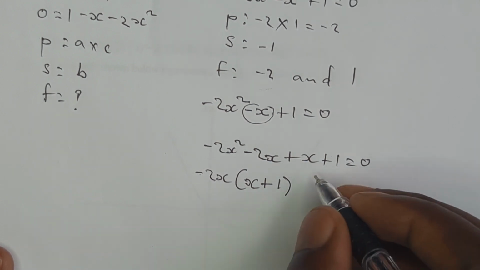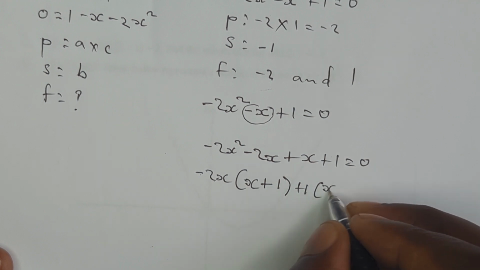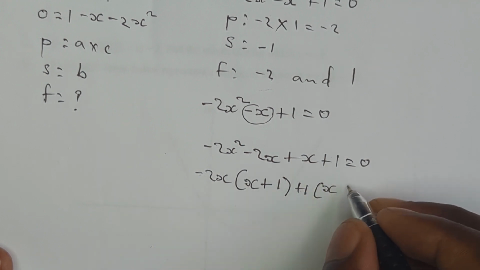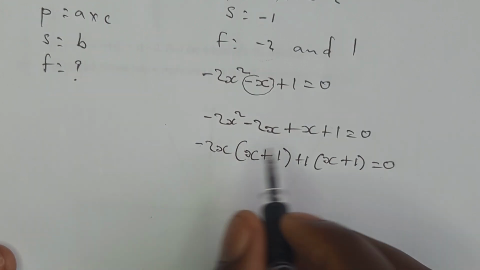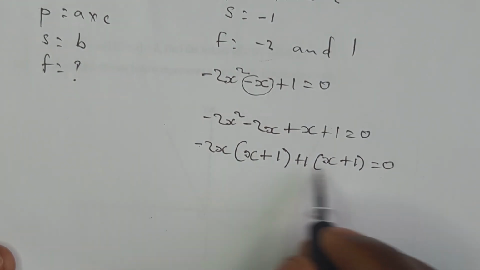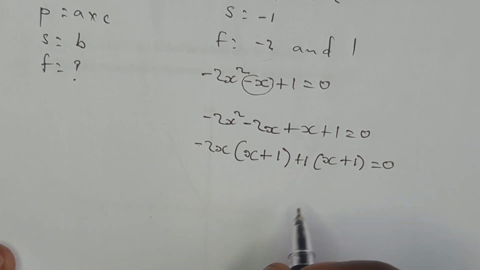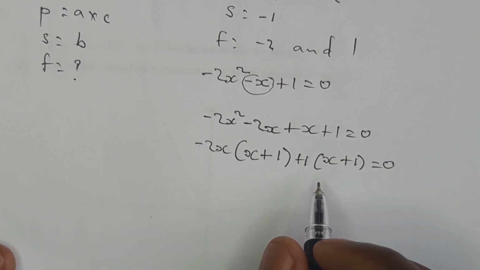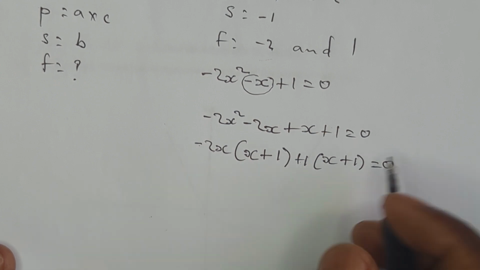Here +1 is common. So 1 into x is x, 1 into 1 is +1, is equal to 0. Now that these in the brackets are the same, it means that our expansion is okay. When they are not the same, you have to repeat the procedure.